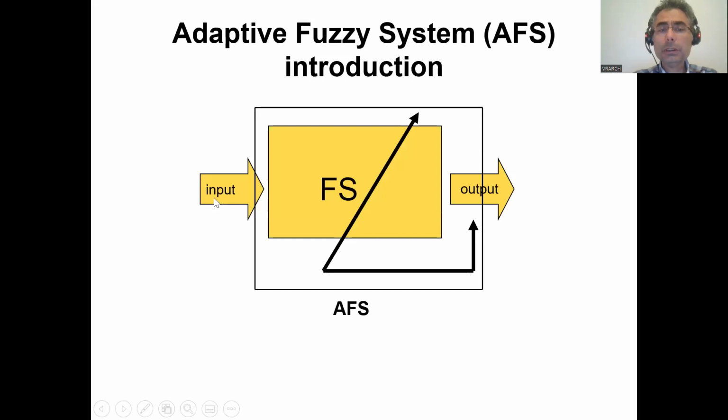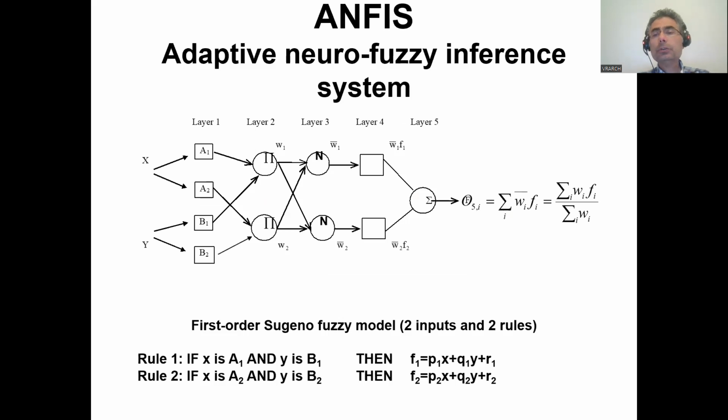You have inputs, the values, and then you have output, and in order to meet your target, the values inside that system are learned using the backpropagation method, for example. So what you are learning here is the values of the parameters of the membership functions. This is very much based on the Takagi-Sugeno model, and it is called the first order Sugeno fuzzy model.